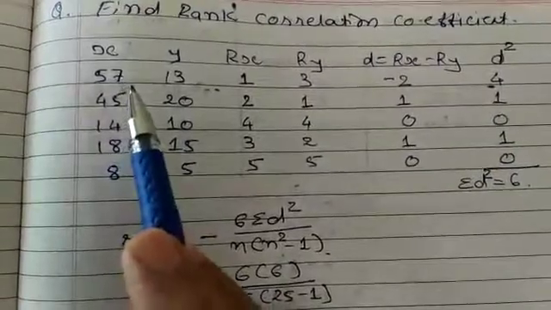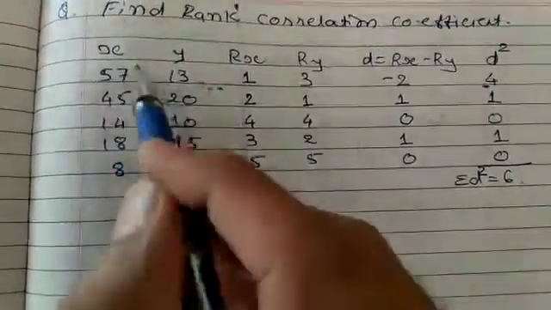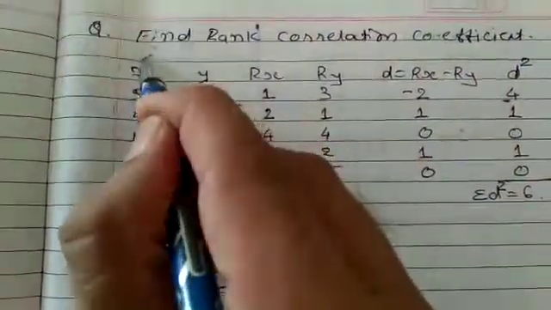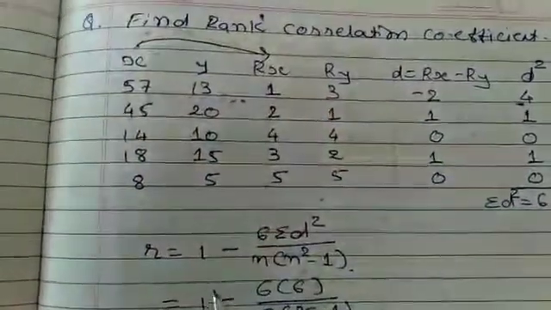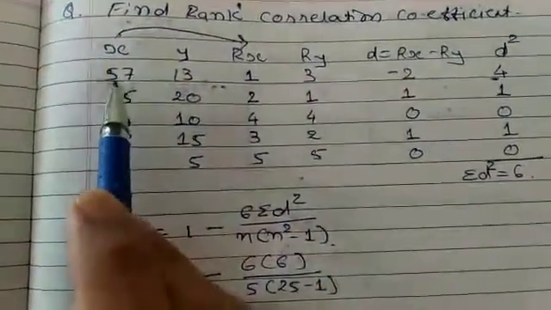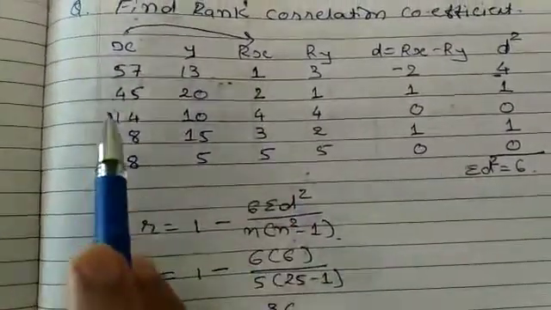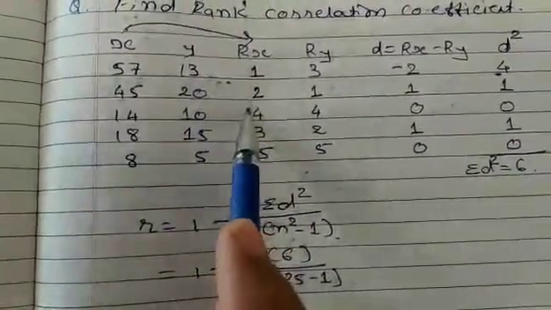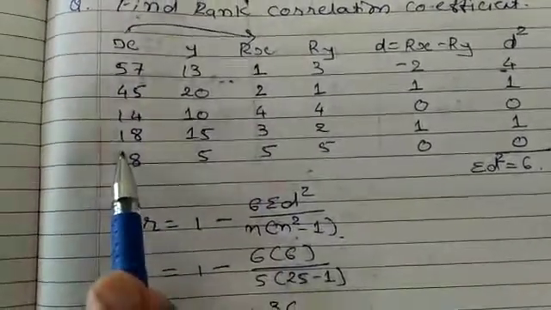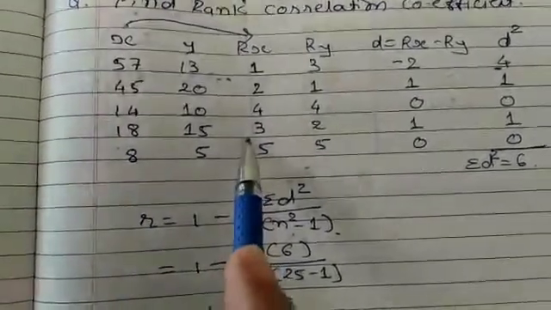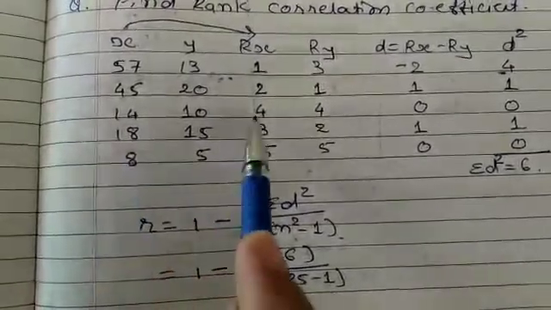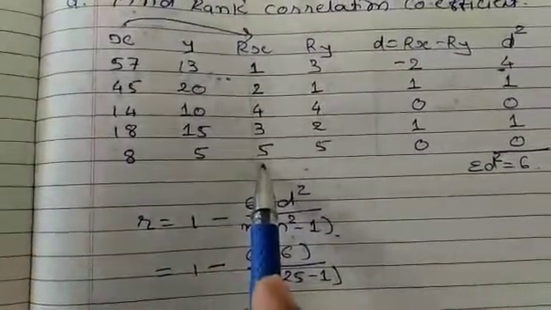The highest observation will be given the first rank. 57 is the highest value, so it is given first rank. 45 is the second, so it is given second rank. 18 is the third highest value, so it is given third rank. 14 will be given 4 and 8 will be given 5.